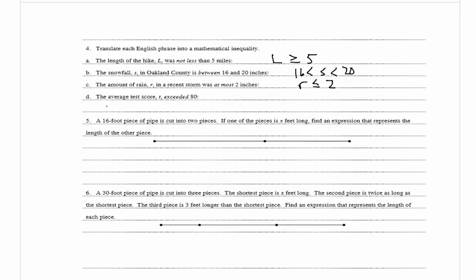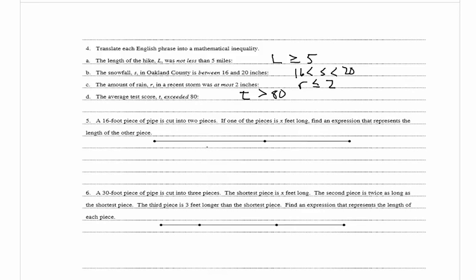In D, it says the average test score, T, exceeded 80. So T has to be greater than 80. So we're going to have T is greater than 80. In 5, we have a 16-foot piece of pipe is cut into 2 pieces. If one of the pieces is x feet long, find the expression that represents the length of the other piece.